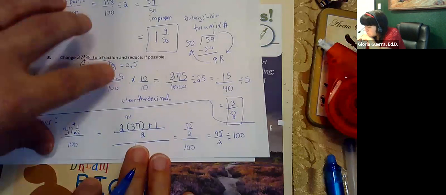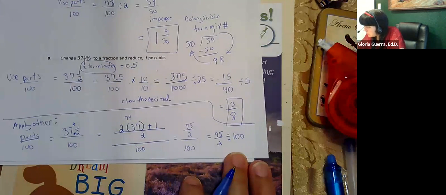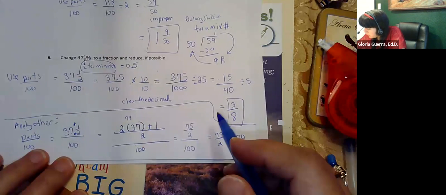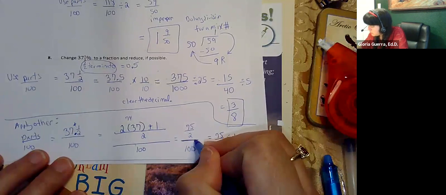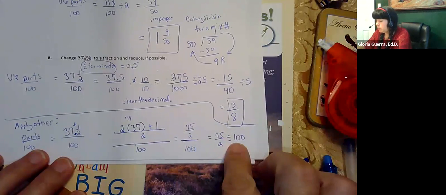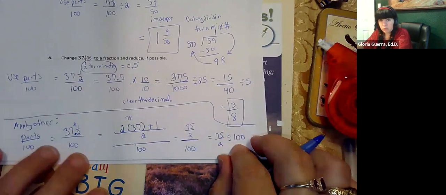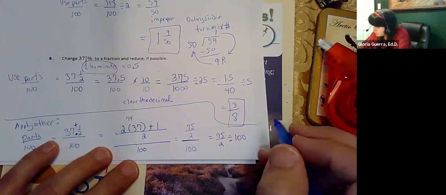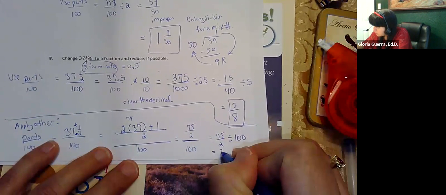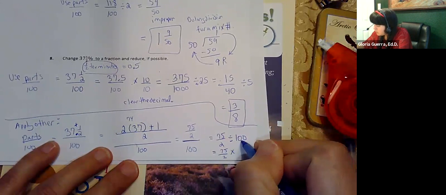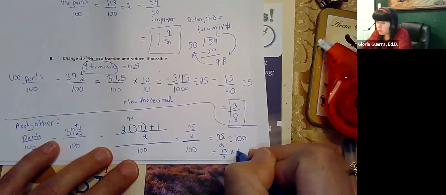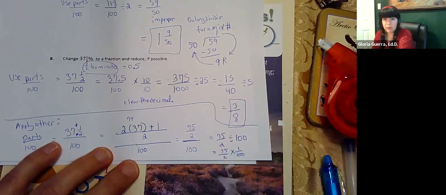Let me see. 75 over 2 divided by 100. And you know how we divide fractions, remember? We multiply by the reciprocal. So this is 75 over 2 times the reciprocal of 100 over 1, which is 1 over 100. Okay.